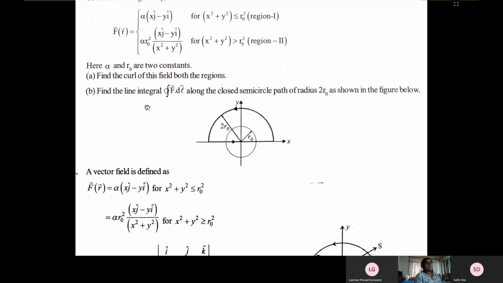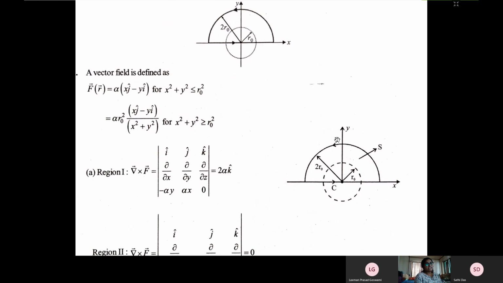Okay. So here find the curl of the field for both the regions and find the line integral of f dot dl along the closed semicircle path of radius 2r0 as shown below. So the vector field is here.